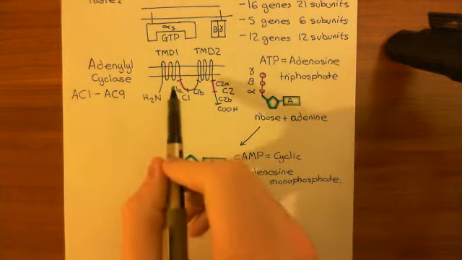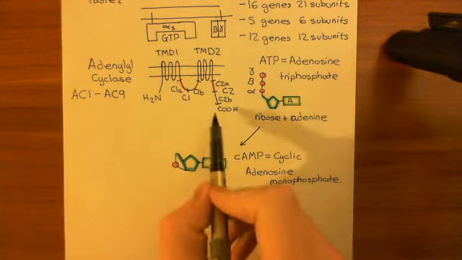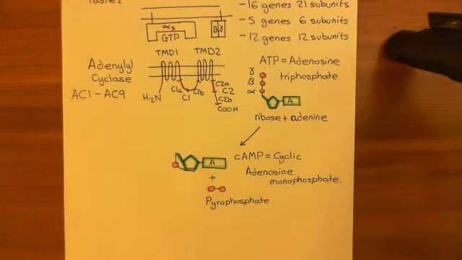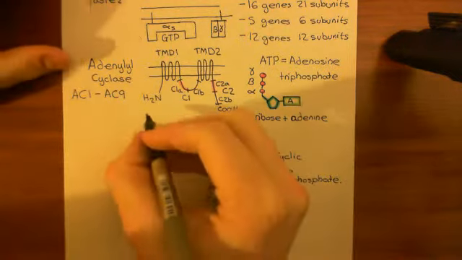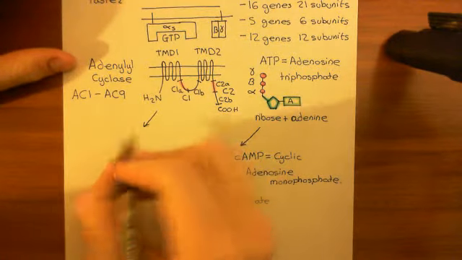So it binds to both the C1 and the C2 domains, forcing them to come nice and close together. Then C1a will dimerize with C2a, and that sets up an active enzyme which is capable of churning out cyclic AMP. Okay, so let's just draw the update basically.